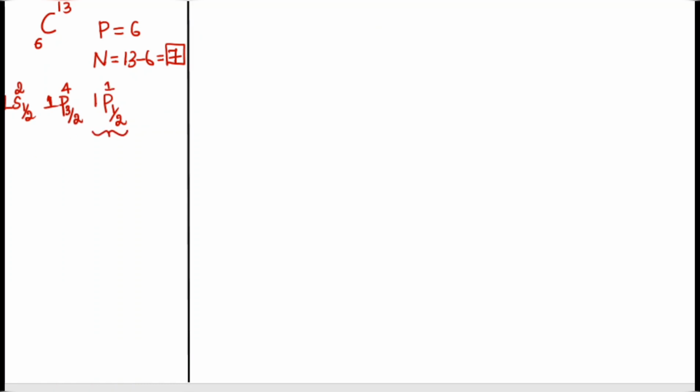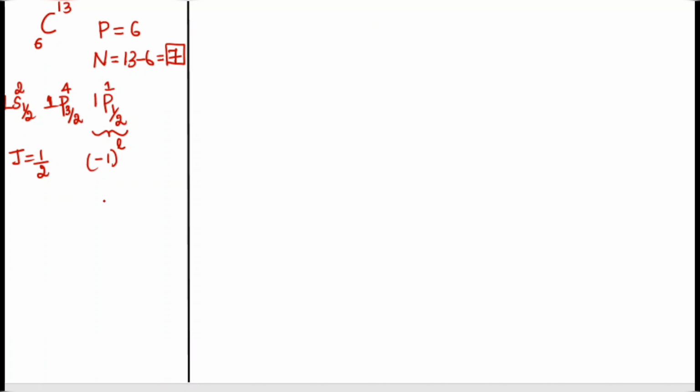According to the nuclear shell model, J we got to be half. Here the subscript represents J, which you can call the angular quantum number or spin. So J is equal to half, and we want the parity. Parity is found by the formula minus 1 to the power of L. L here is the orbital angular momentum, and we have a p orbital.